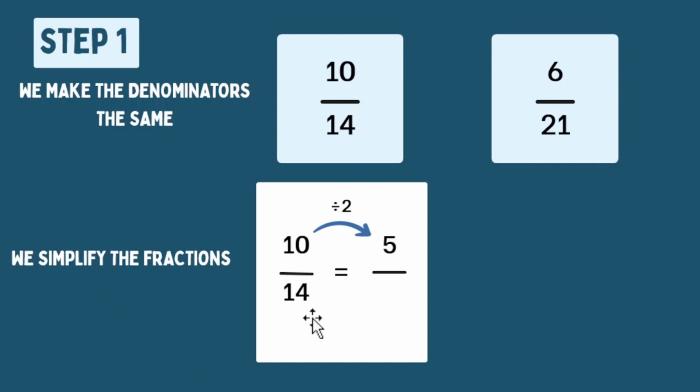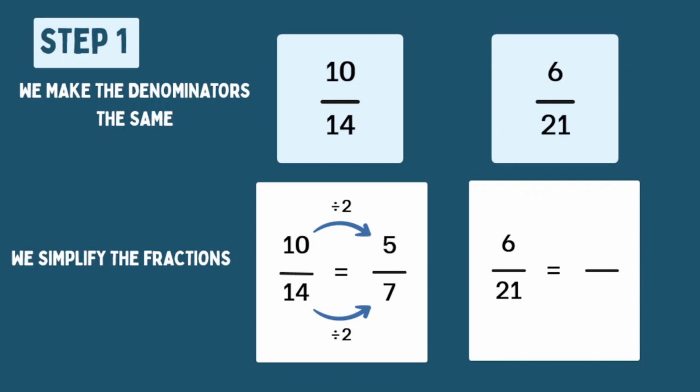When we divide 10 by 2, we get 5. And when we divide 14 by 2, we're going to get what? 7. The same thing we do for the second fraction, 6 over 21. For us to get 7 from 21, we have to divide by 3.